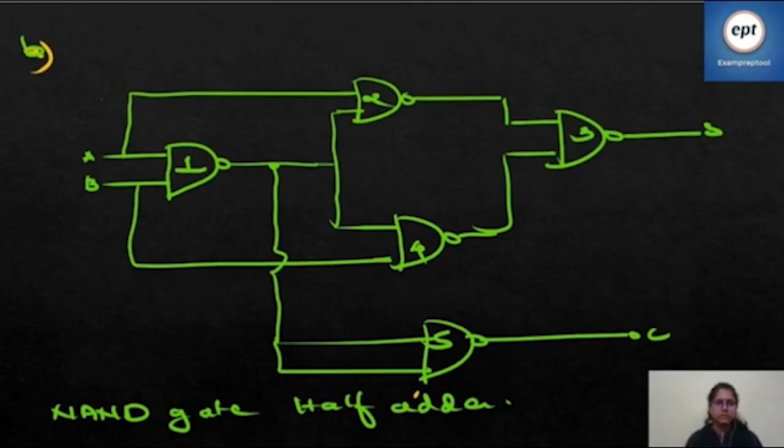Now let's see for the NOR as well. Okay. So if we see for the NOR, let's first write the input. It will be A, B. Okay.